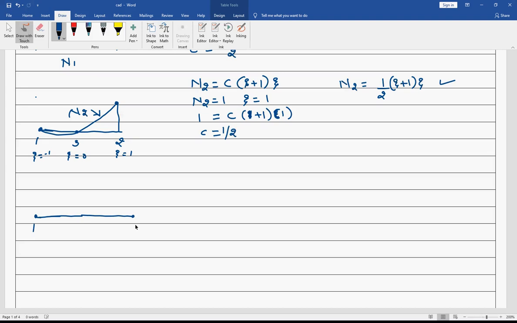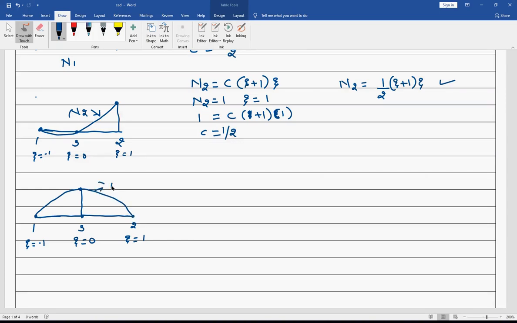So this is node 1, node 2, this is node 3, this is xi equal to minus 1, xi equal to 0, xi equal to 1. At node 3, N3 is 1, and at the rest it is 0. So my curve is going to be like this.